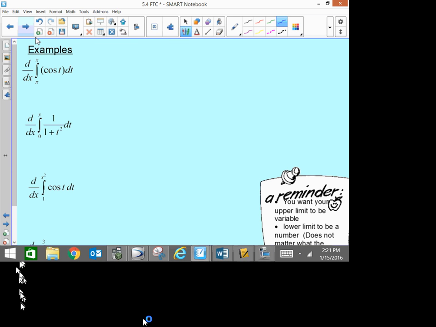Okay, so derivative of cosine integration with respect to x. This x and this x need to match. Okay, now in the homework that I gave you, this last homework, page 373. Okay, here's what the directions say.